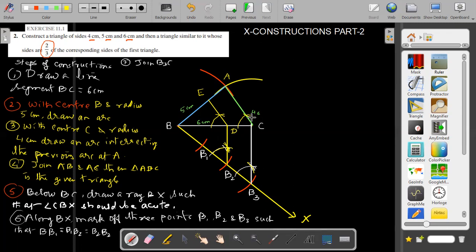So then we have to write: join from B2. Now the last step, step 7, after the 7th, 8th step, from that we have done B2.